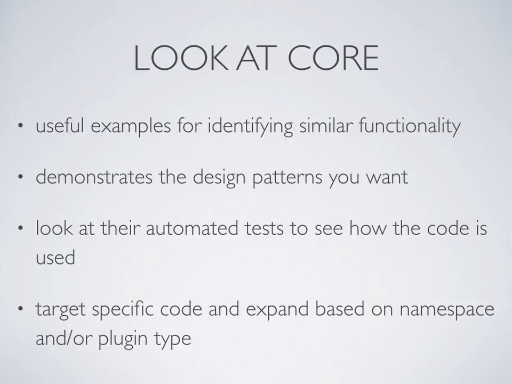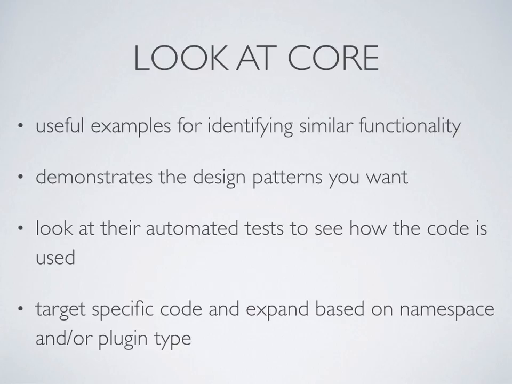One other really cool thing that you can do is look at automated tests. They literally walk through exactly how things should work, right? That's a really quick and dirty way for you to see exactly how things work and how they behave in Drupal 8. The way to do that is to shoot out a wide net, look for code that you want, and then just drill down.